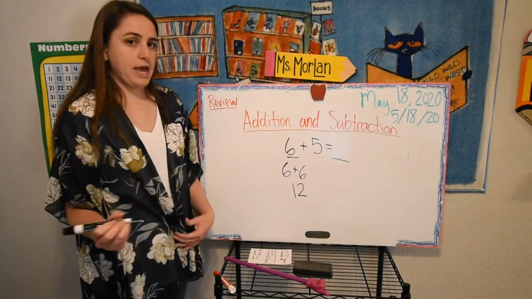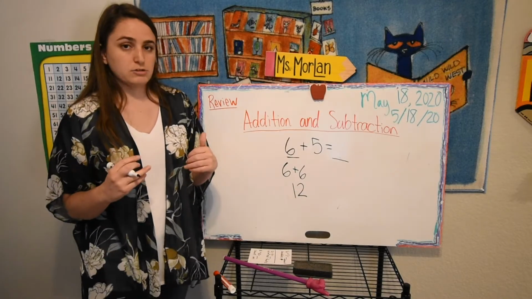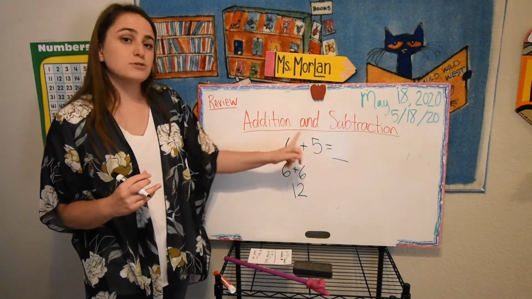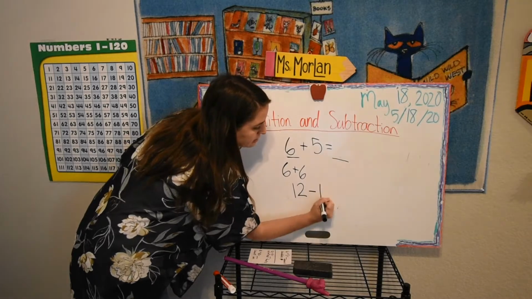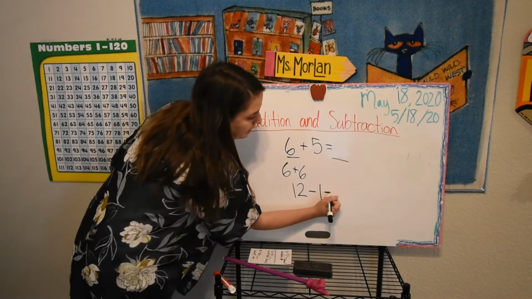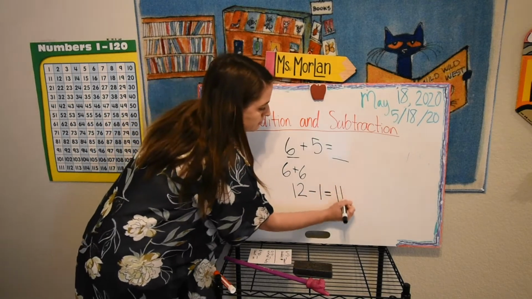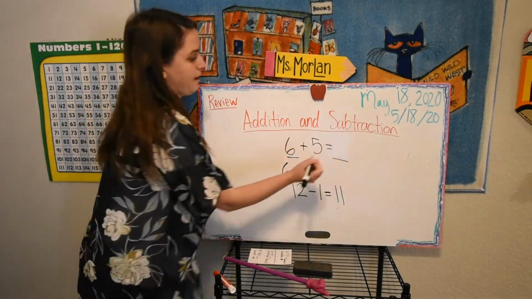12. Okay, but we're not done, right? I said doubles minus 1. So now we have to take 1 away because 5 is 1 less than 6. So I'm going to do 12 minus 1. And what does that equal? 11. So what is 6 plus 5? 11.